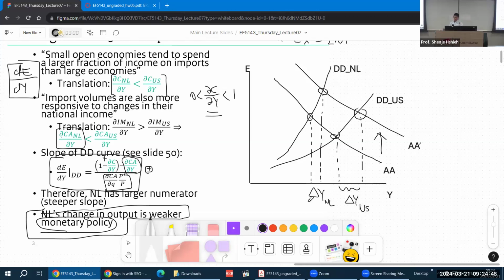Therefore, we can conclude that the impact on output from monetary policy appears to be much stronger for those that have institutions and households whose preferences are tilted toward domestic goods, as opposed to small economies like the Netherlands, which are dependent on imports. Hopefully that's intuitive. You could have probably concluded that without doing all this analysis, but in any case, that's the conclusion here, okay?